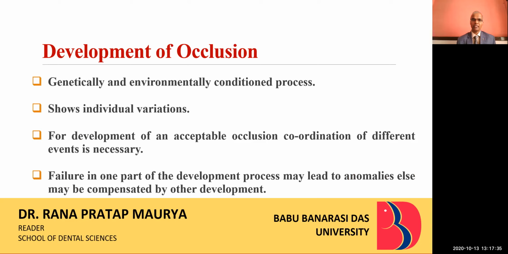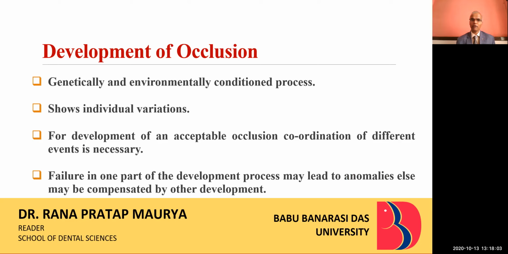The environmental conditions may include local and general environmental conditions, like deciduous teeth retained beyond the normal time, caries of deciduous dentition, and various habits. They also affect the development of normal occlusion. And this development of occlusion varies from individual to individual.